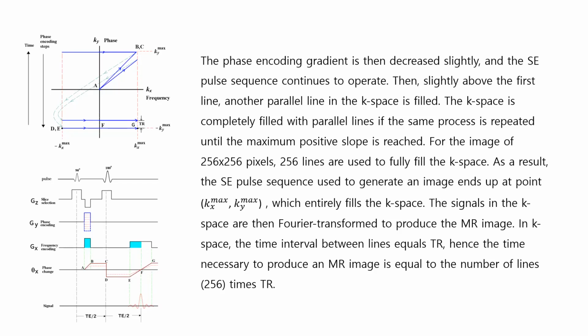The phase encoding gradient is then decreased slightly. So first we use the largest slope phase encoding gradient, and then we use a slightly different slope of the phase encoding gradient. So ky is slightly changed here.